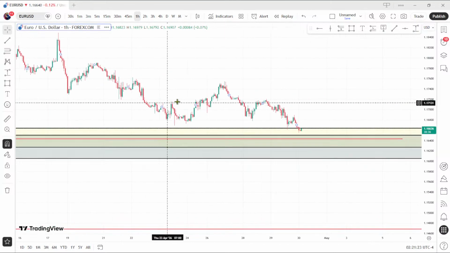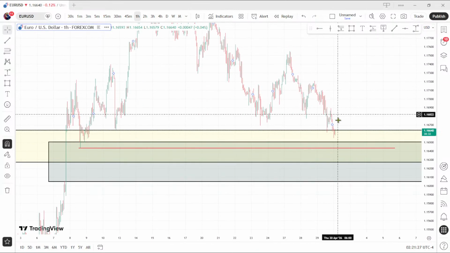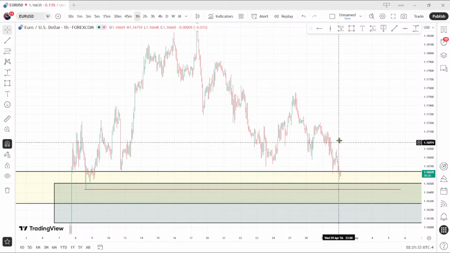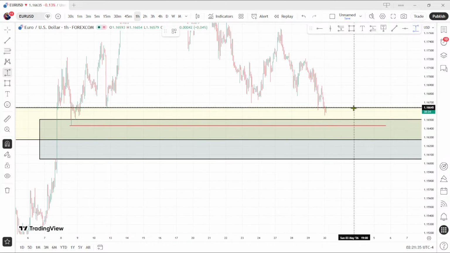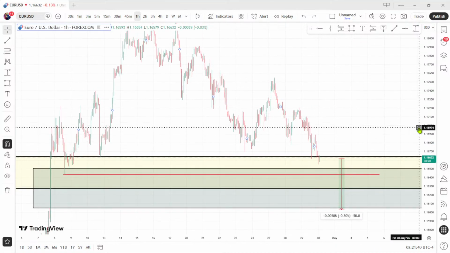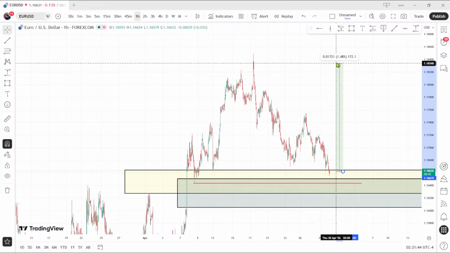Now if you actually buy from here with the smallest lot size, then put your stop loss here, it will be a guaranteed buy, but you'll have so much to risk. It's a 50 pip risk. Yeah, you can risk 50 pips to get something like 100. That's 1:2.